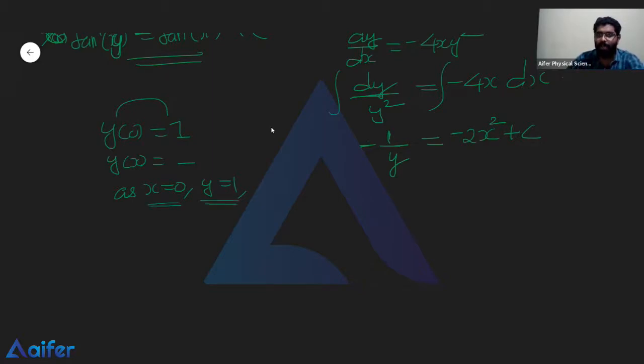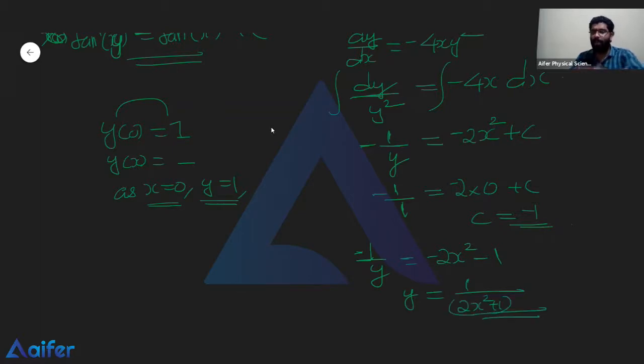Then if you substitute minus 1 by y with y equal to 1 when x is equal to 0, that gives you the constant equal to minus 1. So our final solution will be minus 1 by y equal to minus 2x square minus 1. If you take the minus outside and cancel, I get y equal to 1 by 2x square plus 1. This is the final solution of our differential equation.